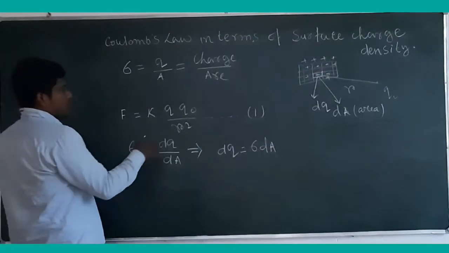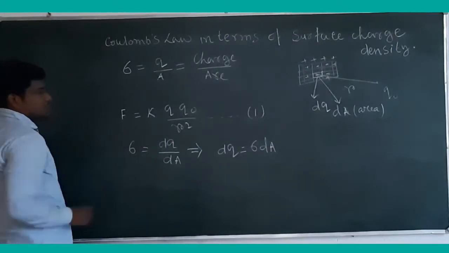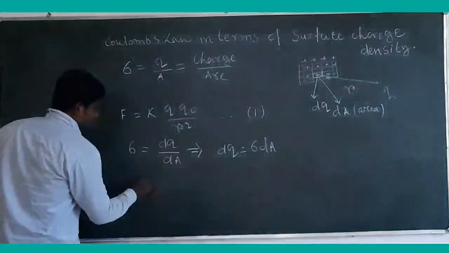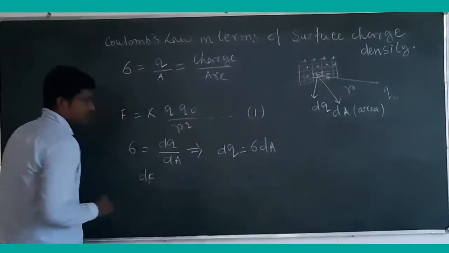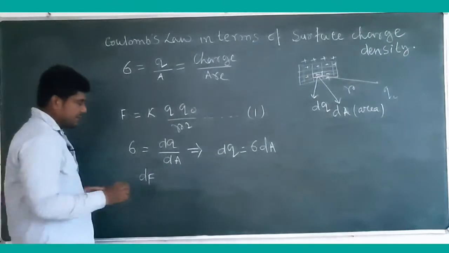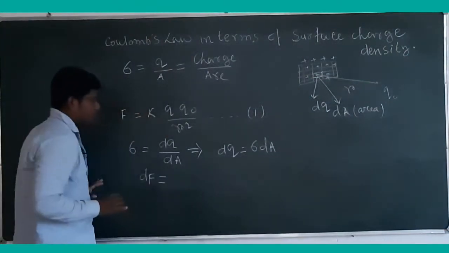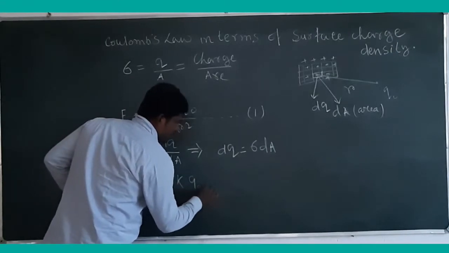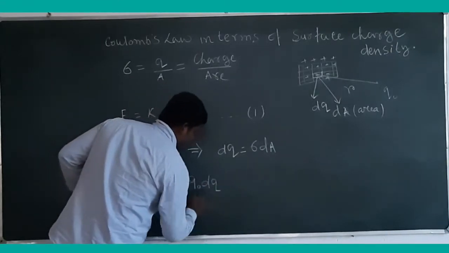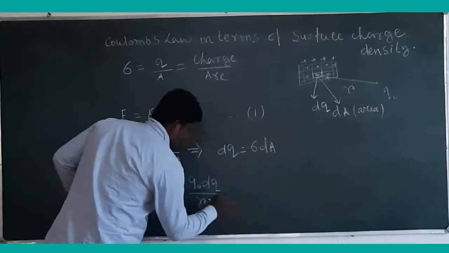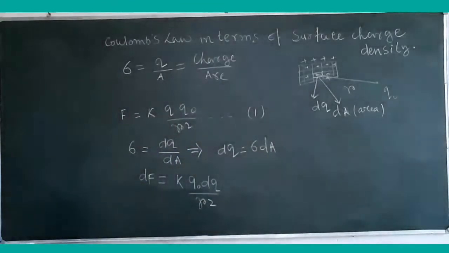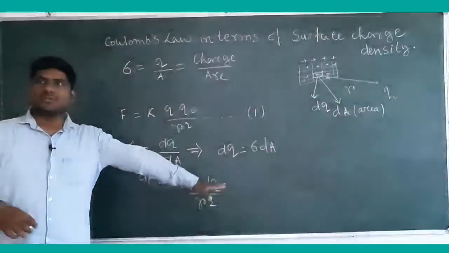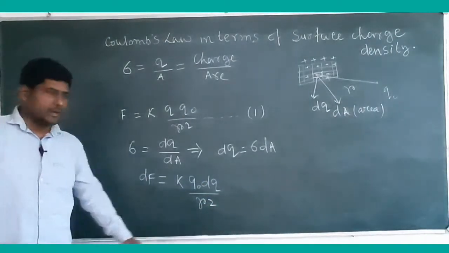Now if you write the force for this small amount of charge dq as dF, then dF will be equal to K Q0 dq by R square. So dF is equal to K Q0 dq by R square.